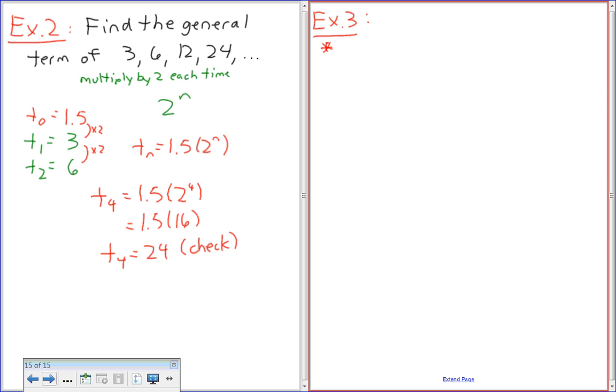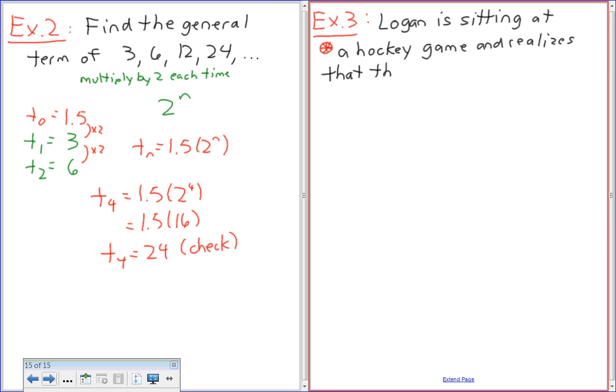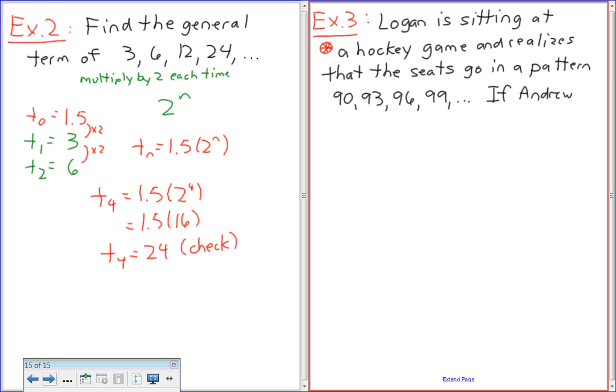Example 3 says, Logan is sitting at a hockey game and realizes that the seats go in a pattern: 90, 93, 96, 99, etc. If Andrew is sitting in the 35th row, how many seats are in his row?